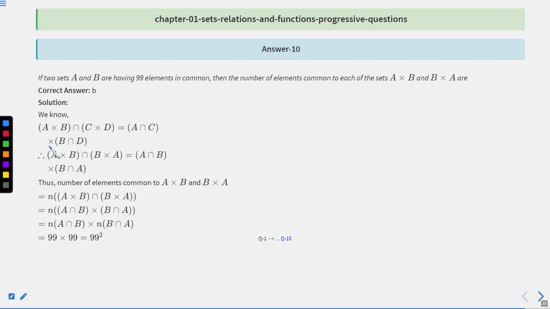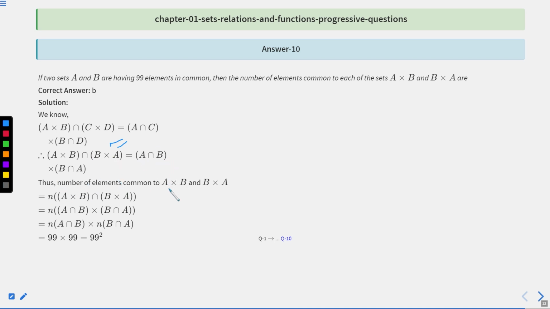Now we know that (A×B) ∩ (C×D) is (A∩C)×(B∩D). So (A×B) ∩ (B×A) is (A∩B)×(B∩A).